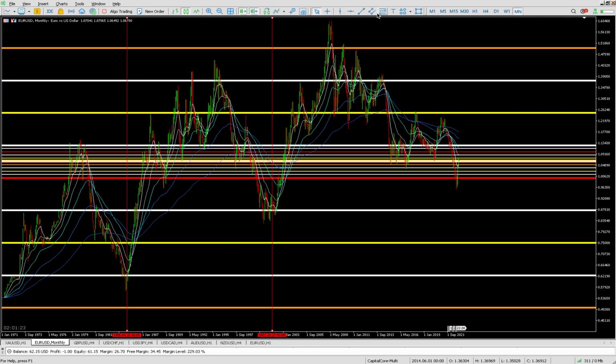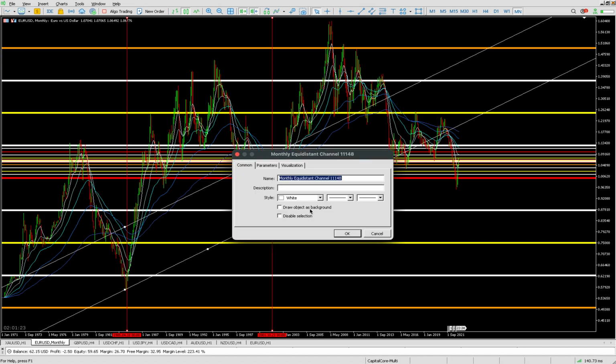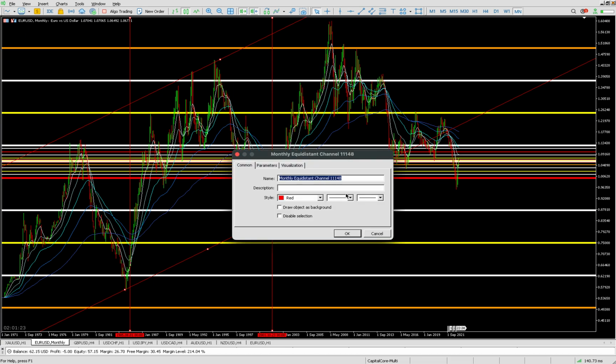You can just plop this in, and we'll color this red because it's significant. And you can change the thickness too, but that's up to you.